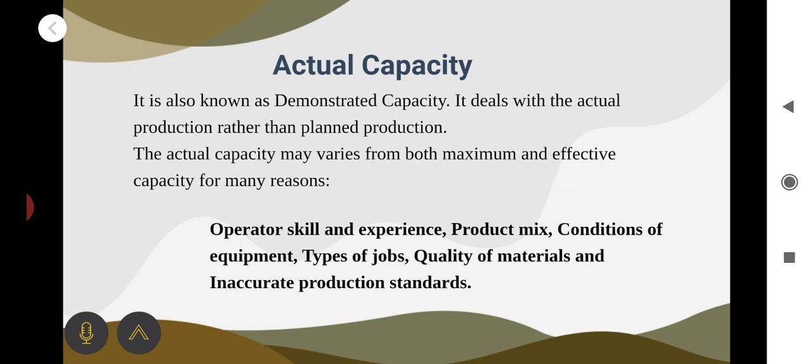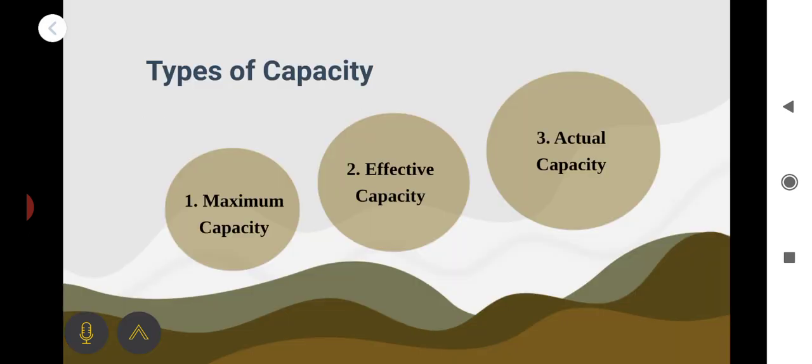Actual capacity may vary from both maximum or effective capacity for many reasons: operational skill, experience, product mix, conditions of equipment, types of job, quality of materials, and inaccurate production standards, etc. We are expecting some scores from our exams, but we are getting some actual scores. We may have some excuses. So these are all the important types of capacities.